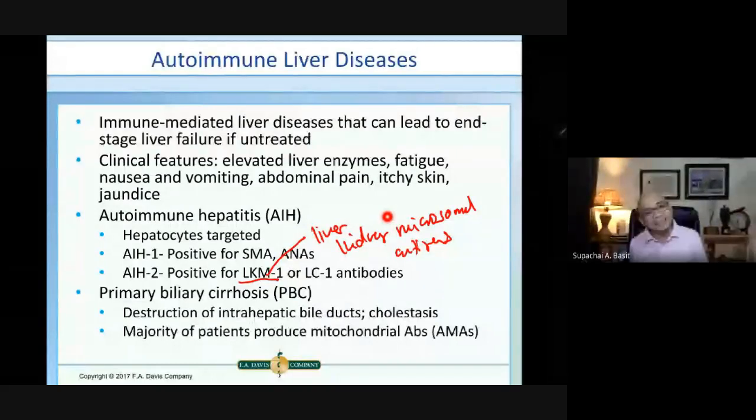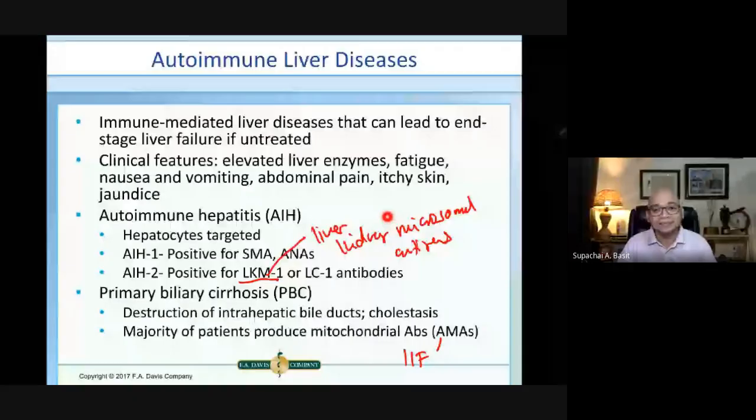So again, this is also detected by indirect immunofluorescent assay using the rodent liver, kidney, and stomach sections. Okay. So that is the autoimmune disease.